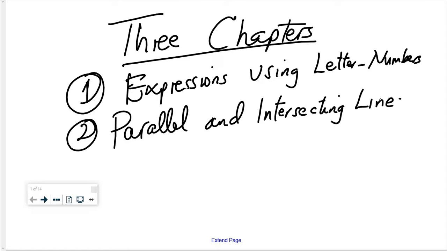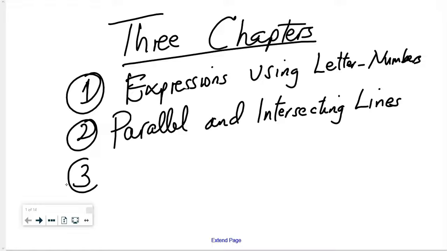So we'll see questions basing on parity and intersecting lines, and the third chapter will be the number play.